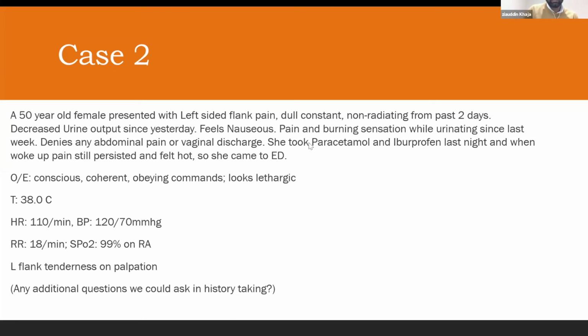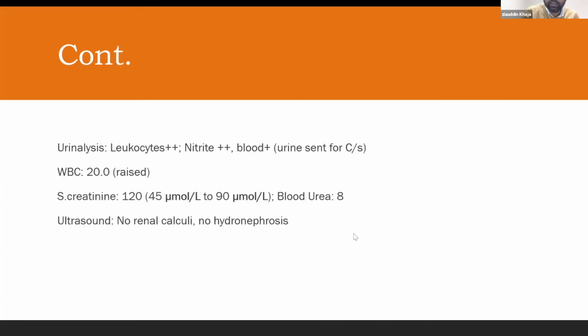Definitely we can ask her, and especially given her age, any chronic illnesses, any comorbidities. So a lot of questions we could ask in this direction to establish where this is going exactly. Any weight loss? Right. So, urinalysis.